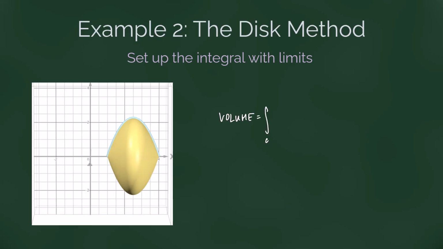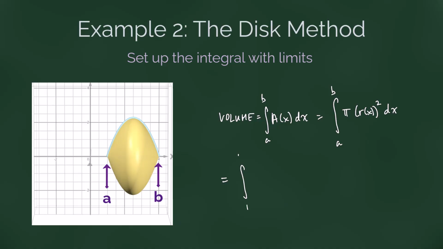We know that volume is going to be the integral from a to b of A of x dx, where A of x represents our area function. So that's going to be the integral from a to b of pi times the radius of our disk squared, which in this particular case, we can see we go from 1 to 4, pi times negative x squared plus 5x minus 4 dx.